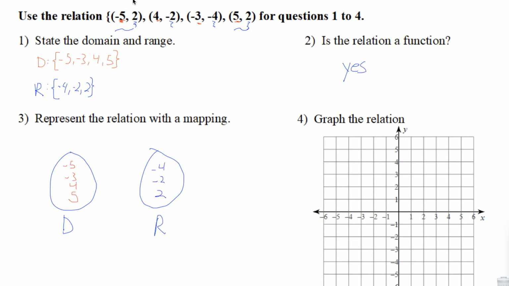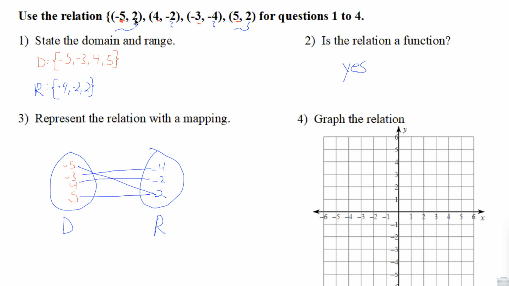And we look back at our points. -5 gets paired with 2. -3 gets paired with -4. 4 gets paired with -2. And 5 goes with 2.